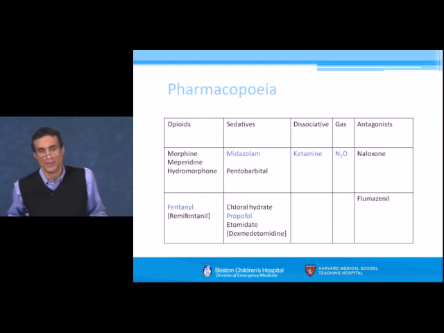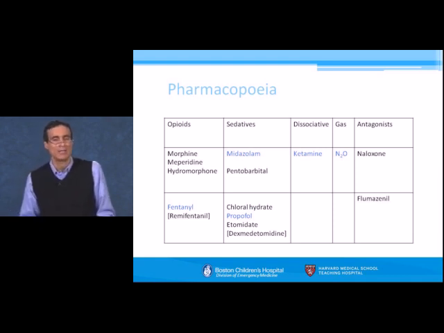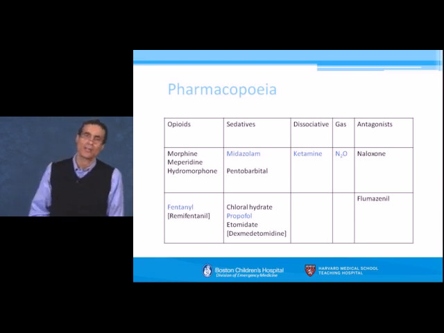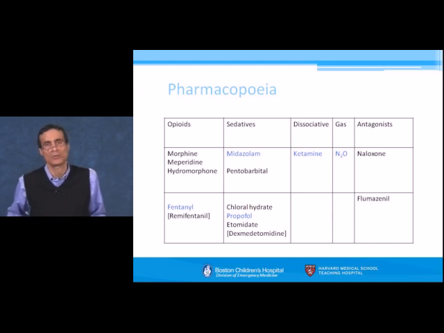Dexmedetomidine, again, I have in parentheses because just like fentanyl, this is a drug for the future that we'll potentially see for diagnostic imaging. It is an alpha agonist that causes no respiratory depression. So it causes sedation without respiratory depression. Sounds like an ideal agent. It has no analgesic properties, so it is essentially used for diagnostic imaging.